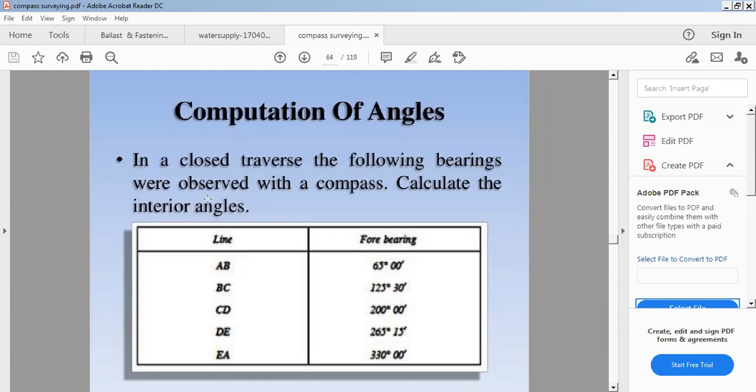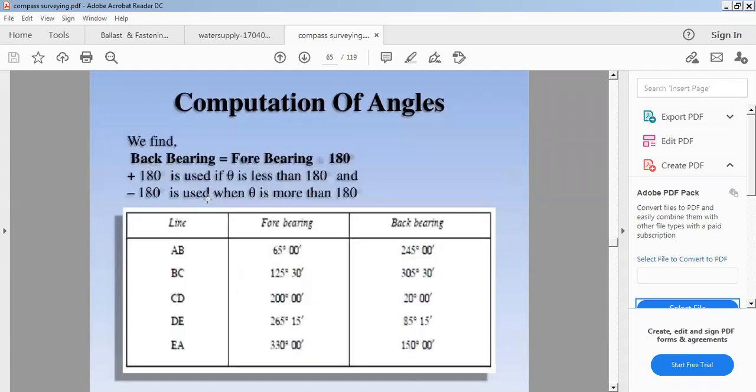We are going to calculate the angles from these forebearings. Again, we will use the same formula as we used in the last lecture. Back bearing is equal to forebearing plus or minus 180 degrees. The plus sign is used when theta is less than 180 degrees. The minus sign is used when theta is more than 180 degrees.